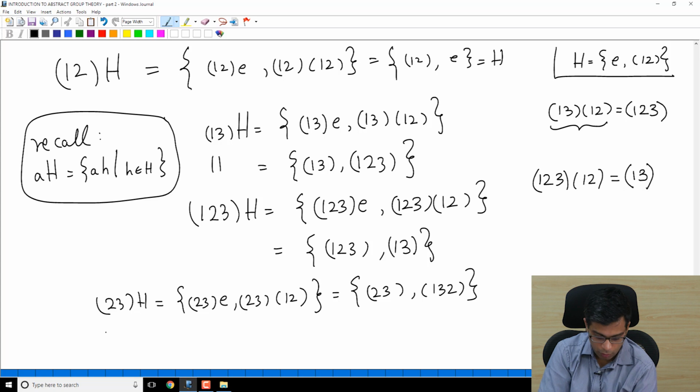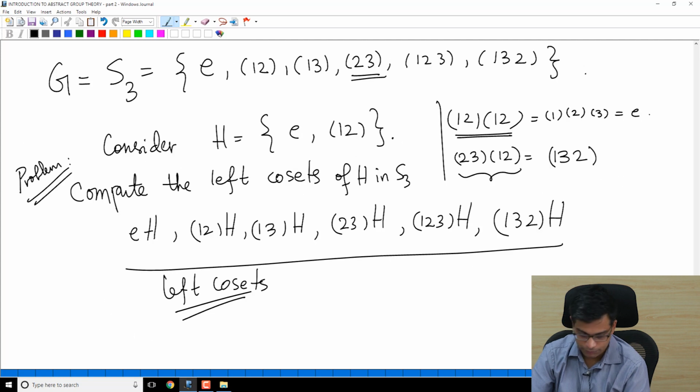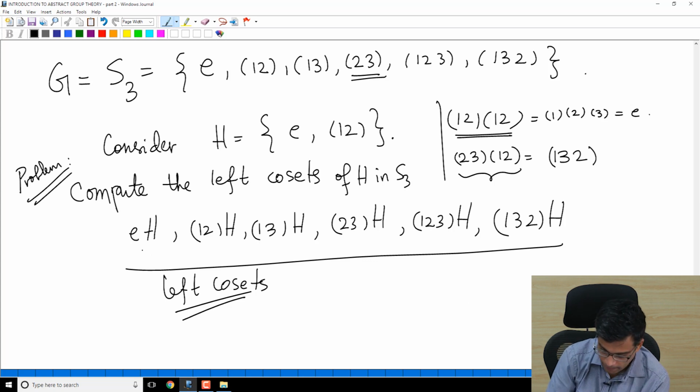Now the only remaining coset we have to compute is, remember there are 6 potential cosets: EH, (1 2)H, (1 3)H, (2 3)H, (1 2 3)H, (1 3 2)H. We have identified the first two, and (1 3)H happens to equal (1 2 3)H. Now let's do (2 3) and (1 3 2).